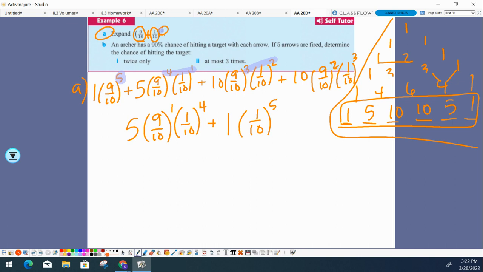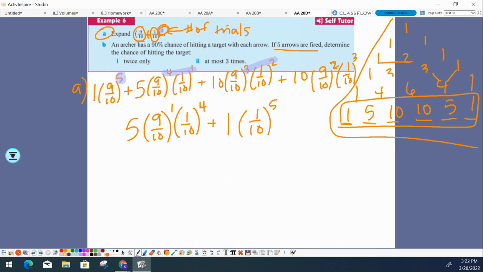So notice it's binomial because they will either hit the target or they will not hit the target. That's why it's binomial. If 5 arrows are fired, the 5 arrows corresponds to the exponent 5. So this 5 is the number of trials.